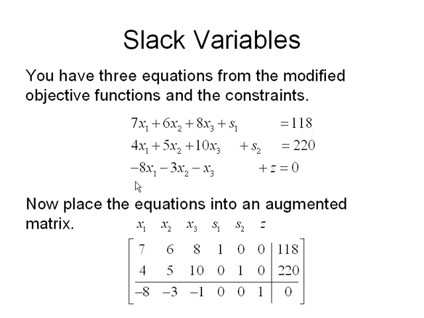My objective function, minus 8x sub 1 minus 3x sub 2 minus x sub 3 plus z equals 0, goes in the bottom row as minus 8, minus 3, minus 1, 0, 0, 1, 0. The vertical bar corresponds to the equals in my system, and this horizontal bar simply separates my constraints from my objective function.